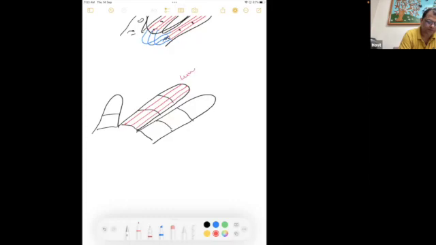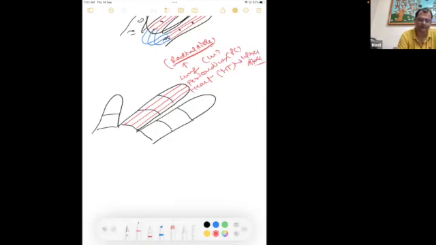So this is the lungs meridian, this is the pericardium meridian, and this is the heart meridian. The lung meridian is toward the radial side. The heart meridian is toward the ulnar side. And the pericardium meridian is in the center.